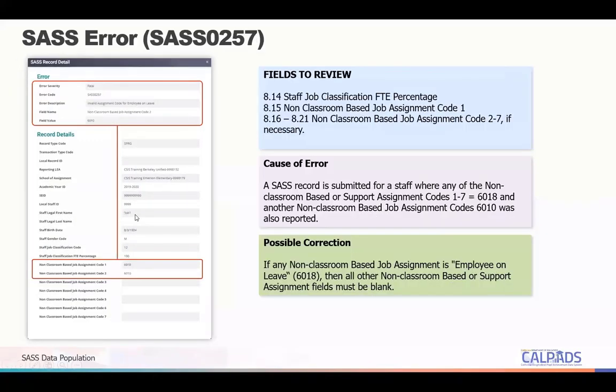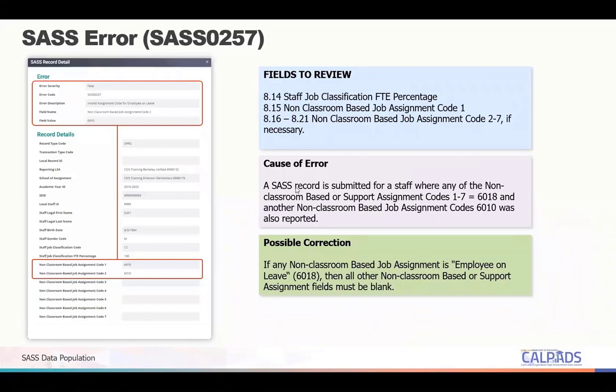Another common error is SASS 0257, wherein an invalid assignment code was reported for an employee on leave. So basically, once you report a staff assignment with a non-classroom job-based code of 6018, then there shouldn't be any other additional job assignment codes reported since the staff member is on leave.